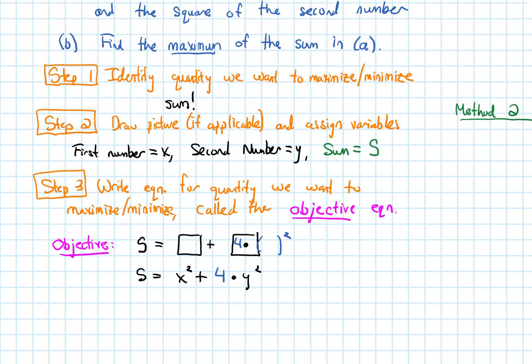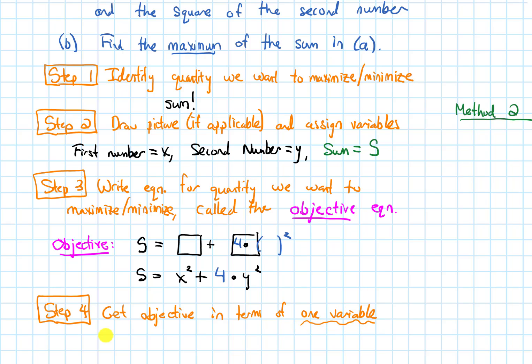All right, so we are ready for step 4. So the difficulty with trying to maximize or minimize this thing right now is on the right-hand side, we have two variables. We're used to finding the max or min of a function that's in terms of one variable. So we need to somehow get this in terms of one variable. So we will get the objective in terms of one variable, and I'm going to put a squiggly line underneath the one variable.